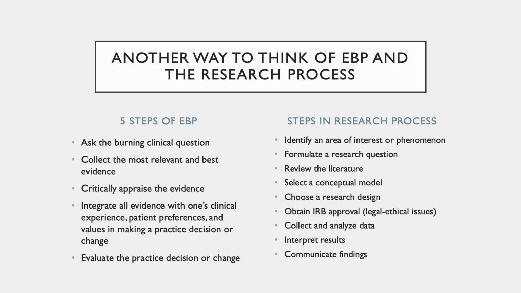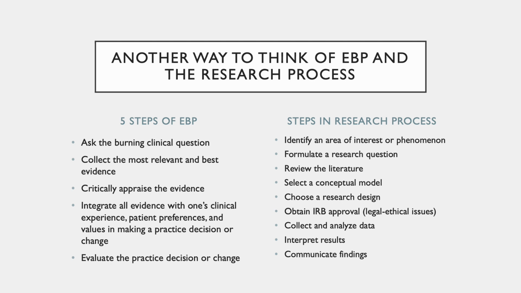In the research process, you actually identify an area of interest or a phenomenon of interest, and then you formulate your research question. Once you have formulated your research question, you then do your review of the literature. Frequently for research, you're looking for other studies that have been done related to the same or very similar question.